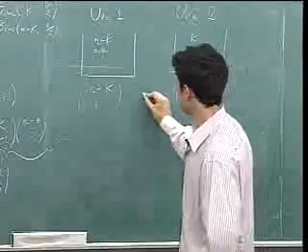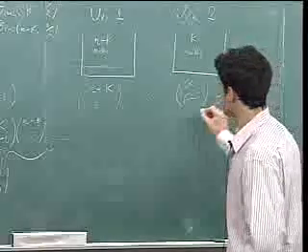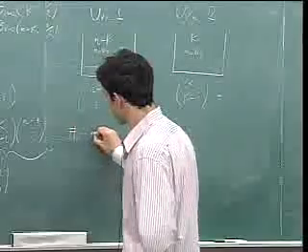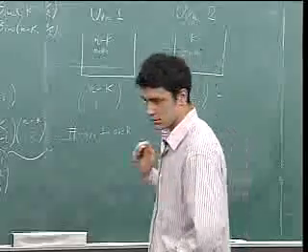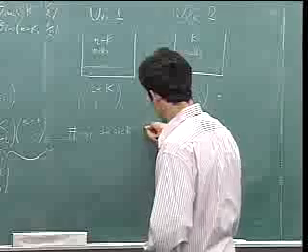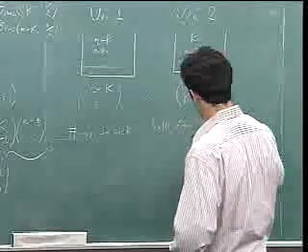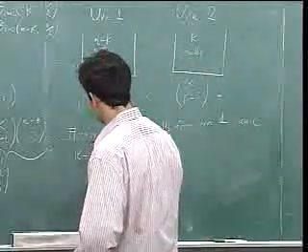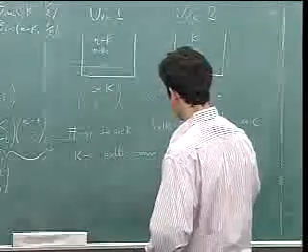Now, if we multiply these two together, then this represents the number of ways to pick i balls from the first urn and k minus i balls from urn 2.